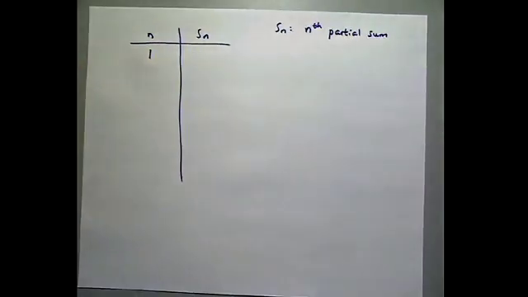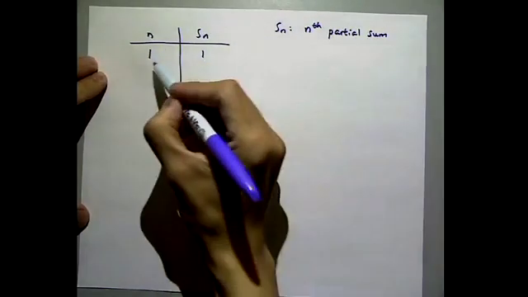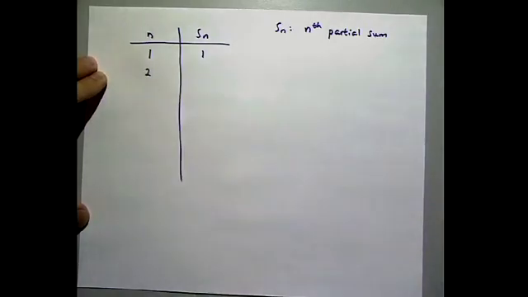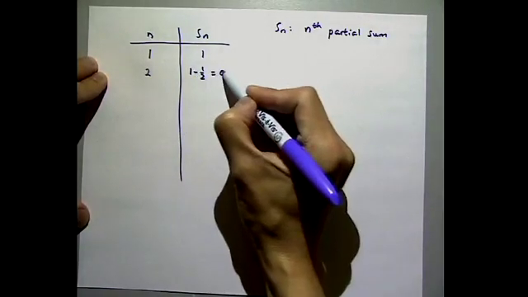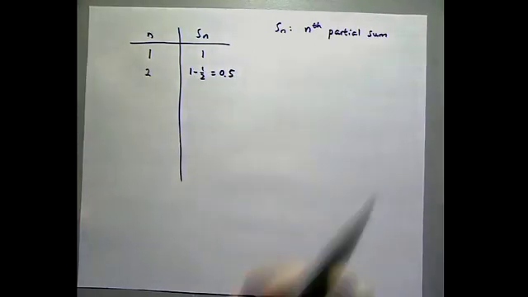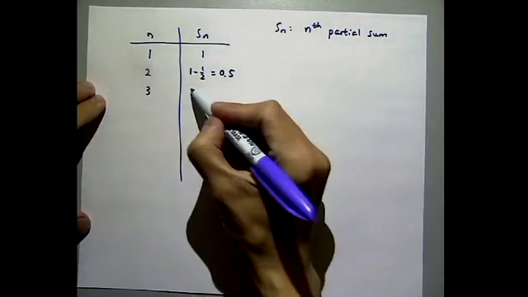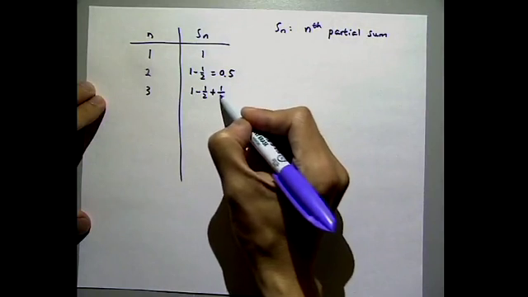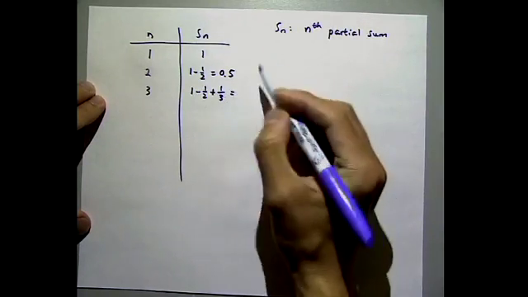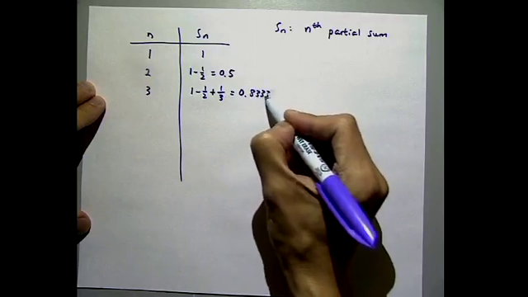Okay, so when n is equal to 1, that's just the first partial sum, which is the first term, and that's 1. The second partial sum is the first two, 1 minus 1/2. So that's 0.5. Then the third partial sum is 1 minus 1/2 plus 1 over 3, and that gives me 0.8333 repeating.